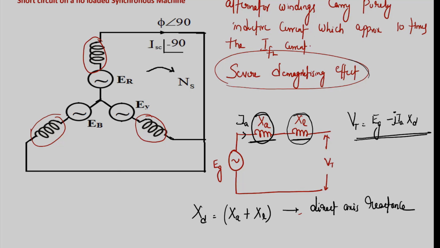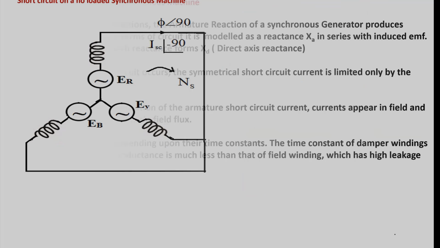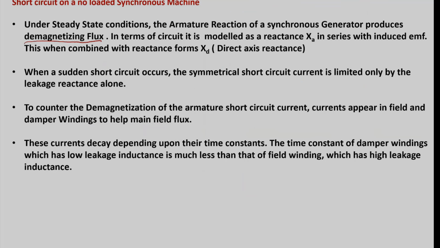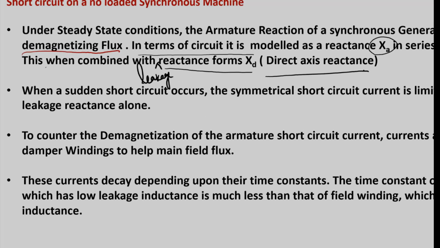Understand? So in terms of circuit, this demagnetizing effect is modeled by an armature reactance XA in series with induced EMF. This when combined with the leakage reactance will form direct axis reactance.